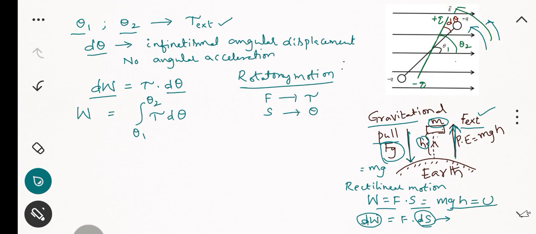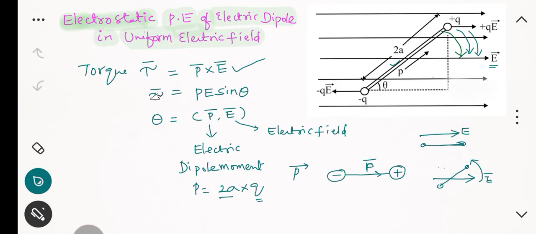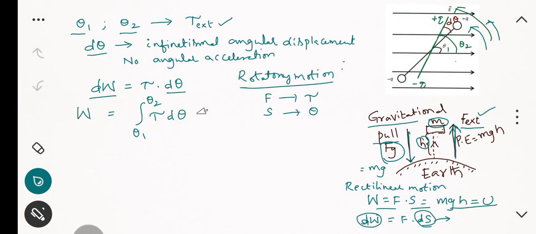We have already known that tau is equal to PE sin theta. We will substitute this value here and we get integral θ1 to θ2 PE sin theta, which is equal to PE into integration of θ1 to θ2 sin theta d theta.